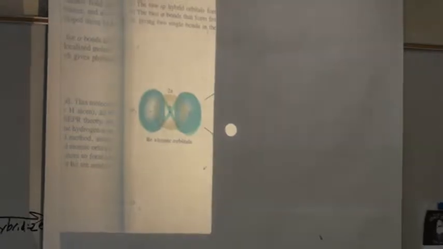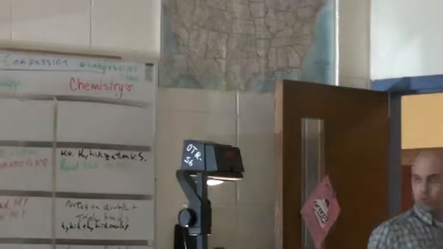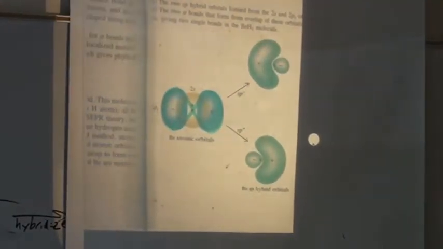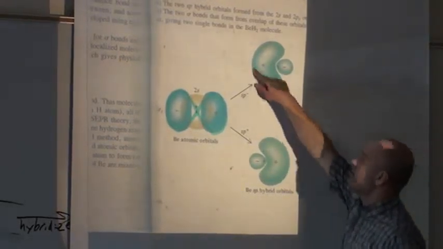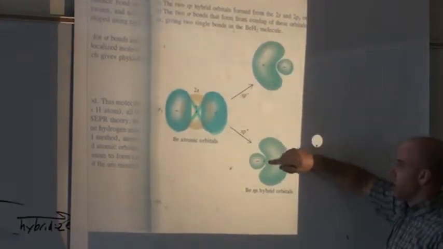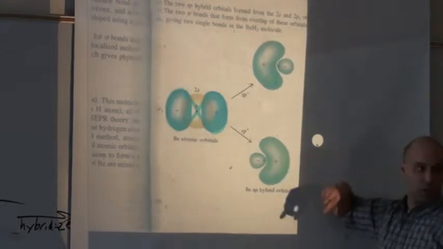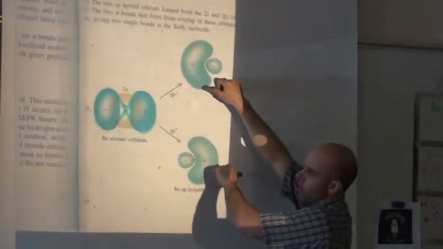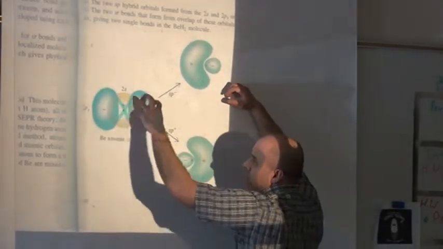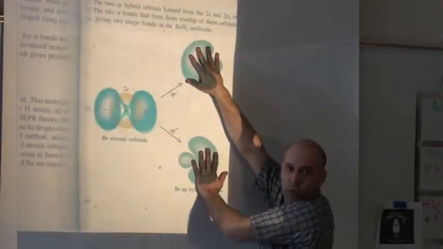You get a smaller number, right? So when I mix my s and my p together, I get two orbitals out, and they look like a kidney bean with a piece of corn, and another kidney bean with another piece of corn, and they're facing in opposite directions.